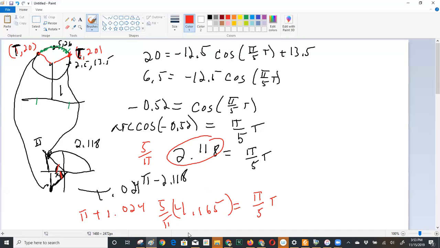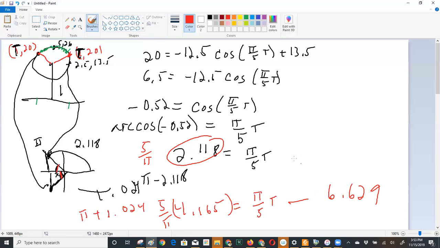So let's see, I've got both of these on my calculator. I'm going to do times 5 divided by pi. For that second point, it's 6.629. For that other one, I'm going to take the 2.118 times 5 divided by pi.